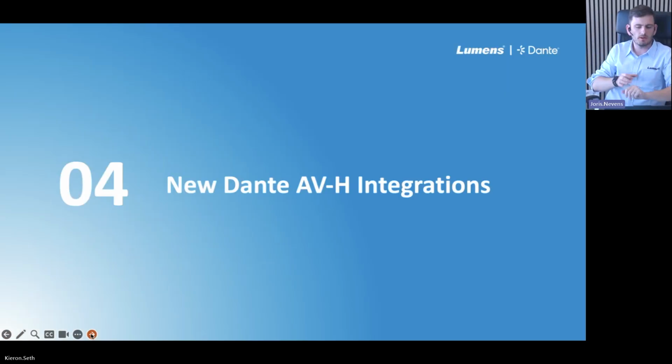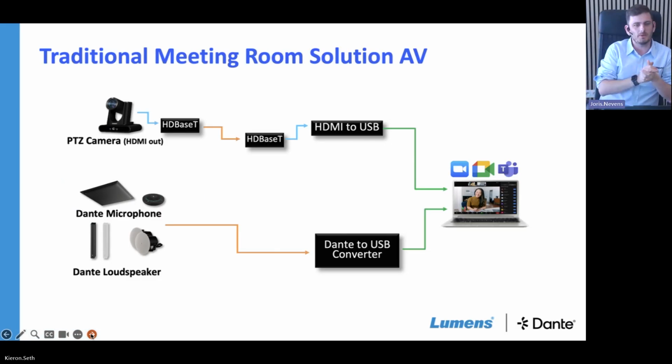So now we talk about some new Dante AVH integrations. And when we talk about new integrations, we cannot do that before looking back at how things are done. A lot of times when you want to get audio and video into a laptop, into a PC, and your camera or your source is standing very far away from your destination, you need to use some kind of extender, whether it's HDBaseT or a proprietary protocol.